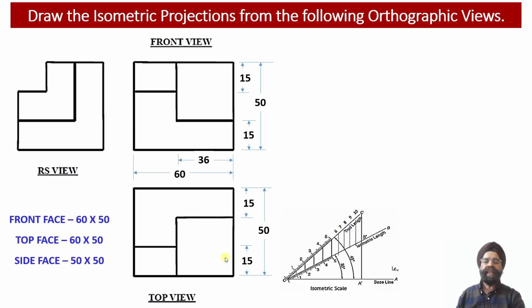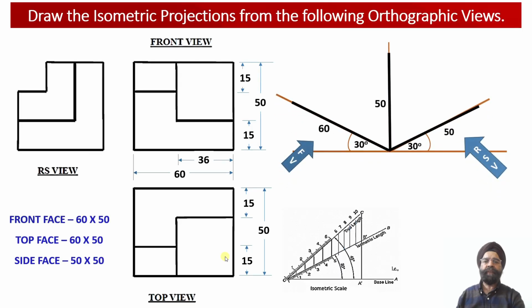So for that, we need to evaluate the dimensions of the front face, side view face and the top view face. Now if we look at the orthographic projections of this engineering object, we observe that the length of the object happens to be 60 millimeter and the height of the object happens to be 50 millimeter. So this is going to be our front face.